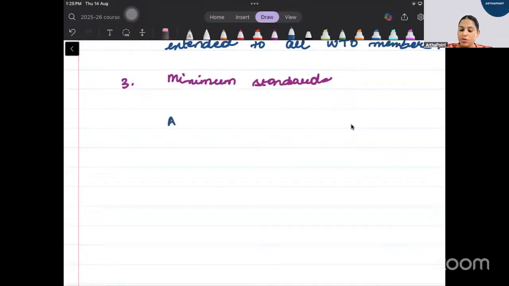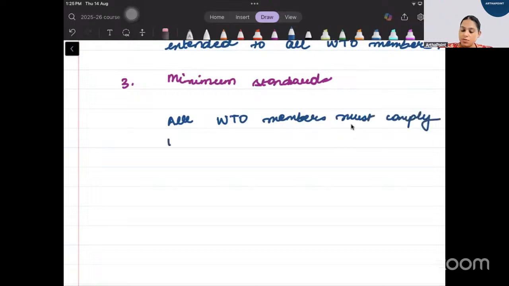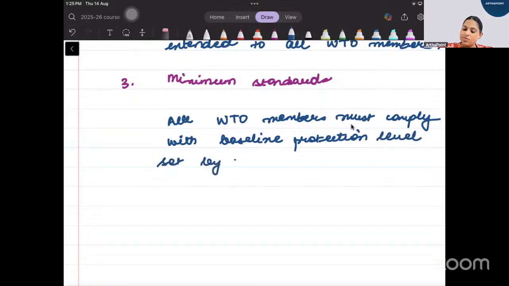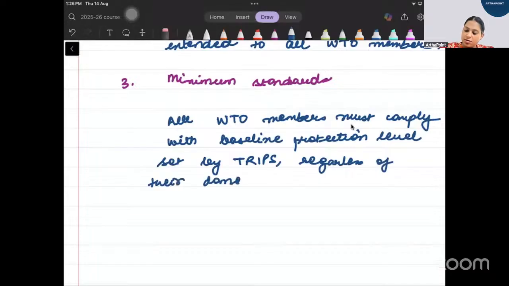So please write down: all WTO members must comply with the baseline protection level set by TRIPS, regardless of their domestic preference.